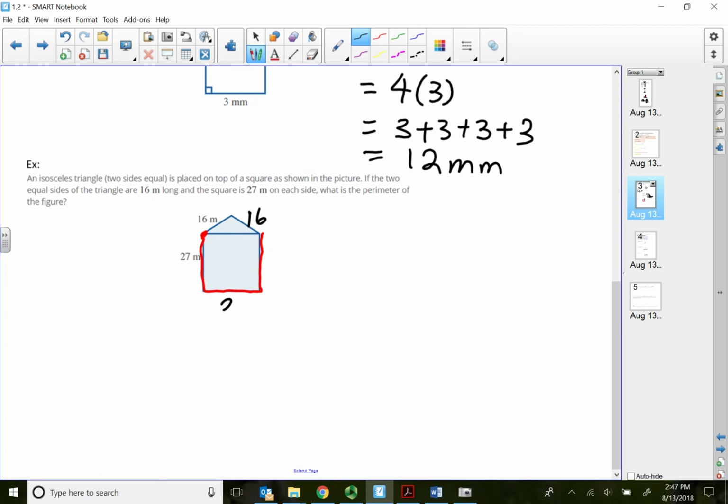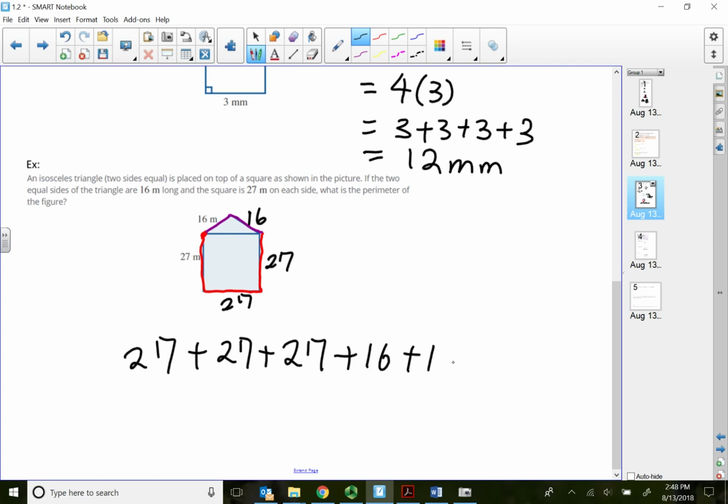So that means I've got to add 27 three times, or you can say 27 times 3, plus I've got to travel the 16 and another 16. In order to find the perimeter on the outside of this picture, if you actually add them up, it is going to be 113 meters.